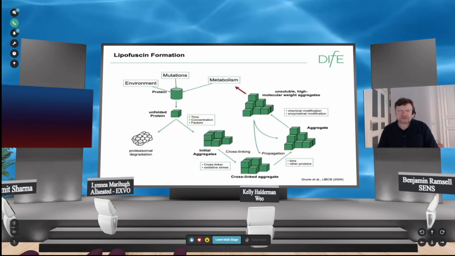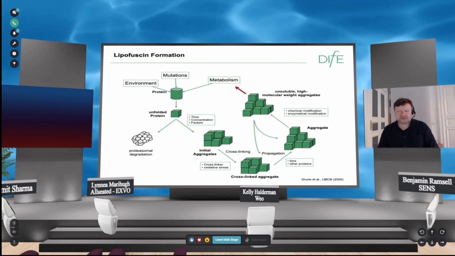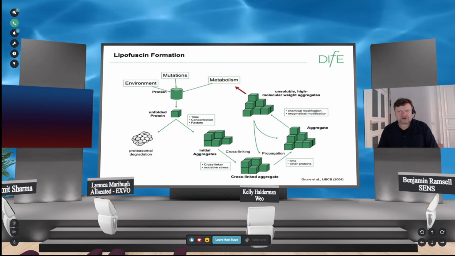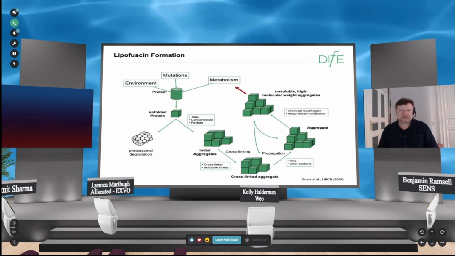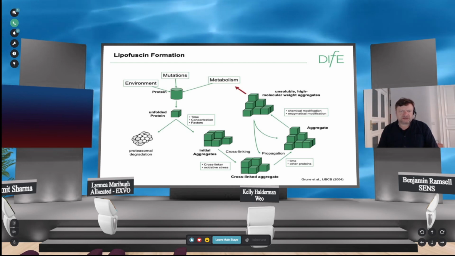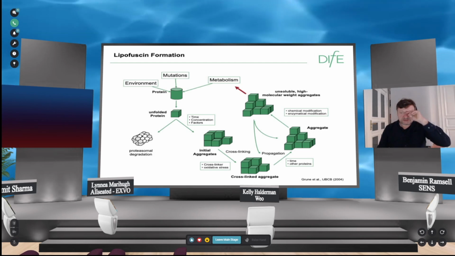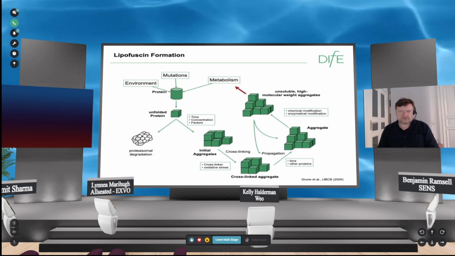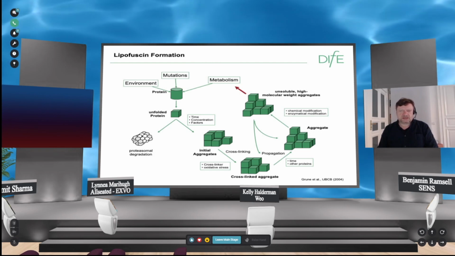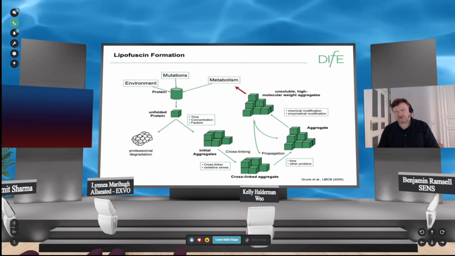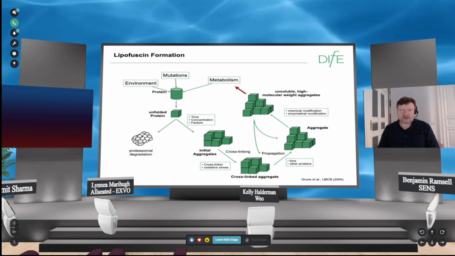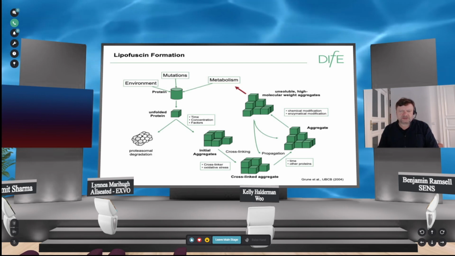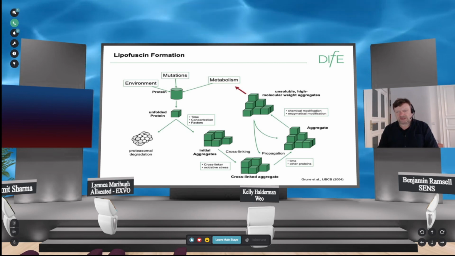You have the normal protein pool here in the middle as a cylinder, the green one. Due to different influences, these proteins unfold, are damaged, and either they are degraded, here depicted by the proteasomal system, or with time, depending on the concentration of the damaging agent and the crowding of the proteins, and many factors, for example chaperones in the cell, these unfolded damaged proteins form initial protein aggregates.